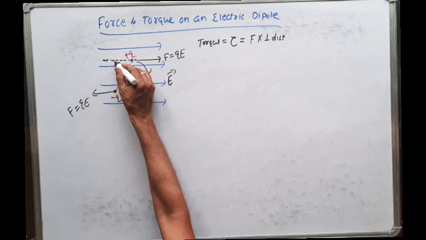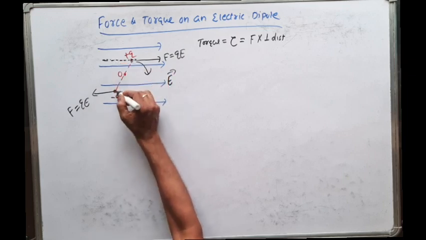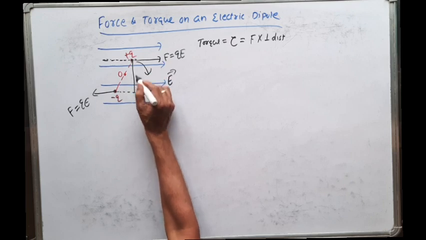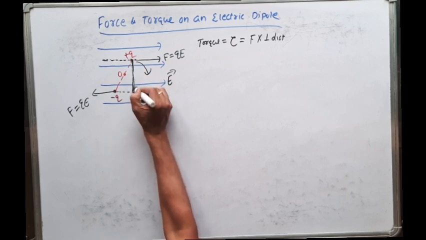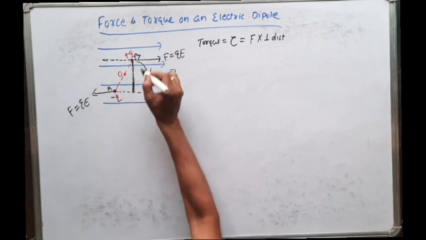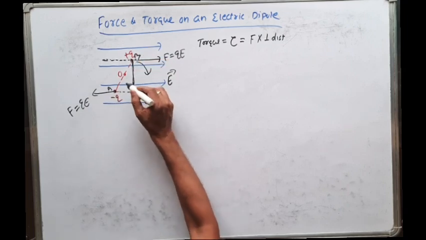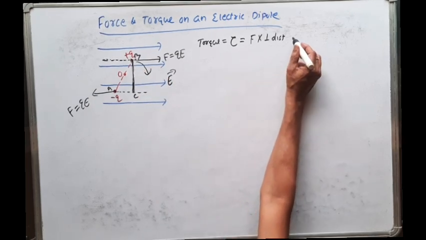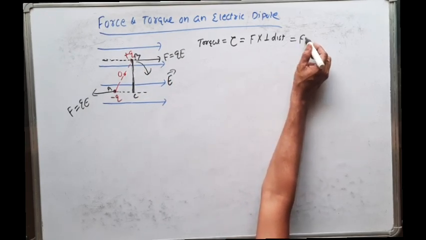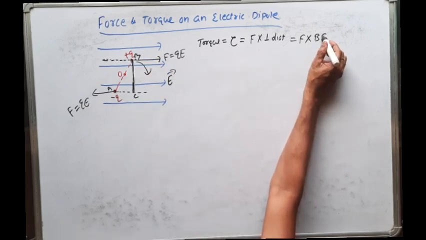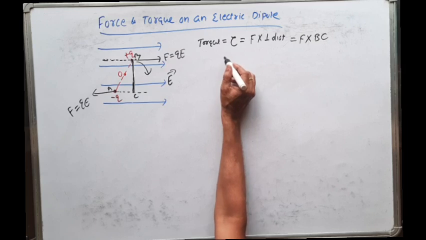If I extend, this is the perpendicular distance. Let us say this is point A, this is point B, this is point C. So torque is equal to force into perpendicular distance. What is the perpendicular distance in this figure? It is BC.